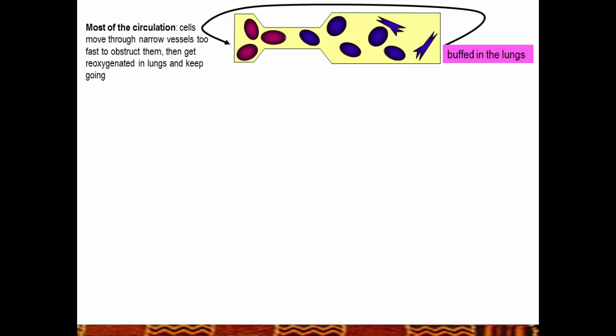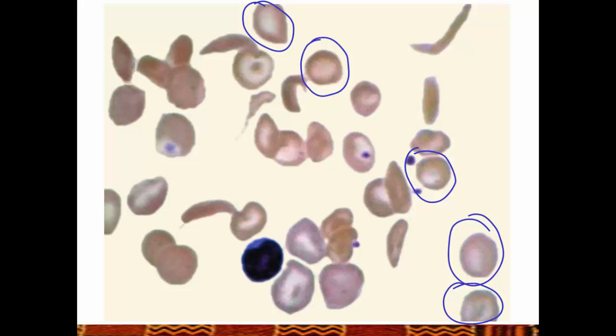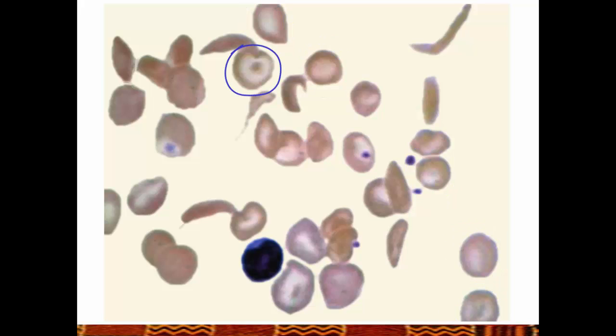Even without any vascular obstruction, though, the repetitive oxy-deoxy sickle-unsickle cycles take a toll on the red cell membrane. This is a smear from a patient with homozygous sickle cell anemia, graphic evidence of the membrane damage. What you see are irreversibly sickle cells that don't have polymer in them but are misshapen, some normal-looking cells, some targets, and some big bluish cells that are probably reticulocytes.